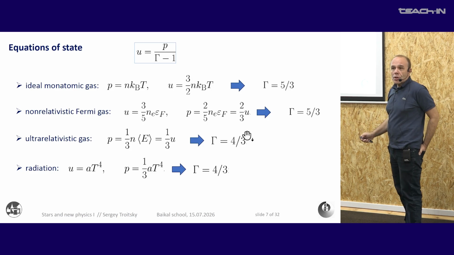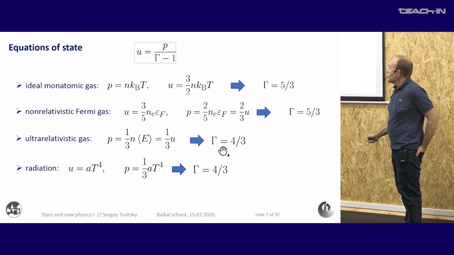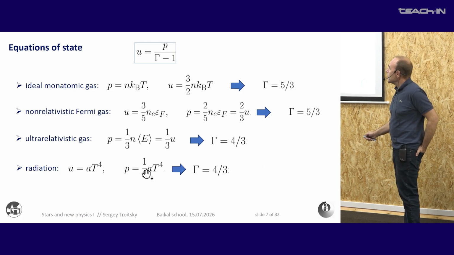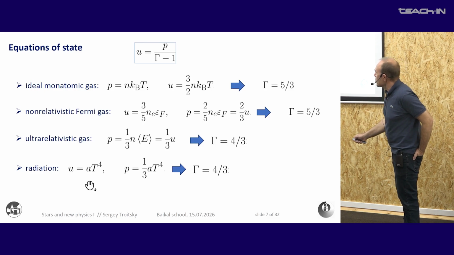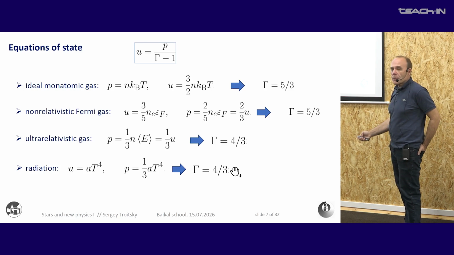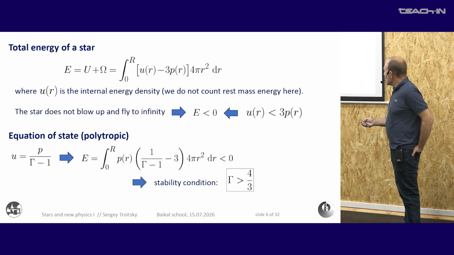It, however, changes if we consider ultra-relativistic gas, because the equation of state becomes again different, and it gives 4 over 3, and the same for radiation, though it is again a very different equation of state. But this 4 over 3 is problematic, because this is right at the edge of the stability condition.